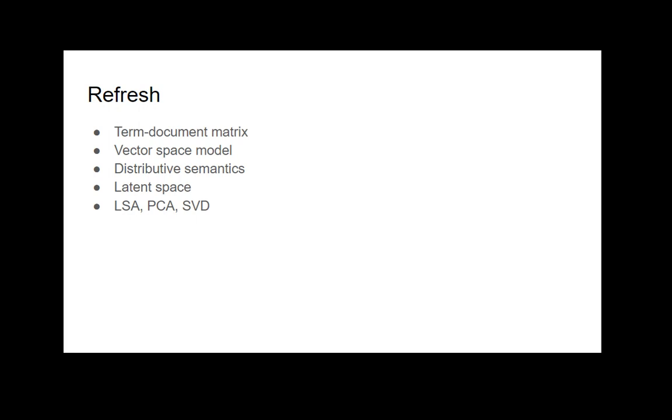And here comes the idea. Distributional semantics is the hypothesis about similar context, meaning that you can consider context as the row in the term-document matrix, meaning that the word is met with other words in the text.